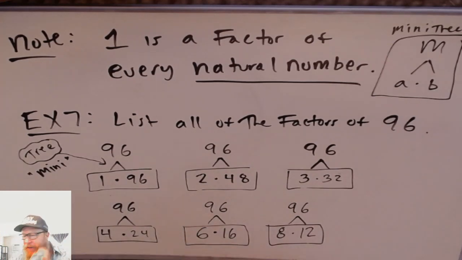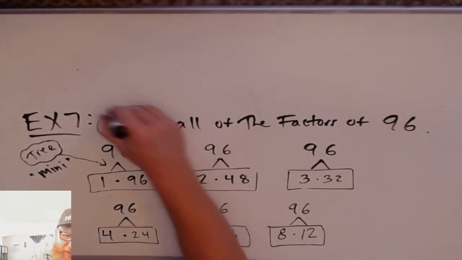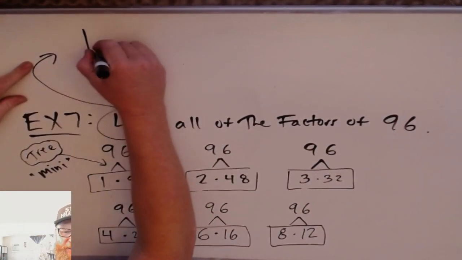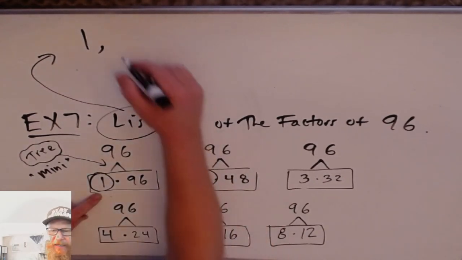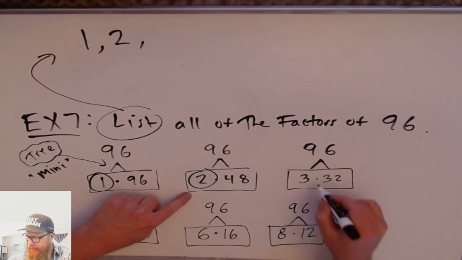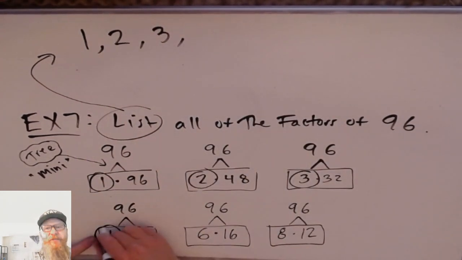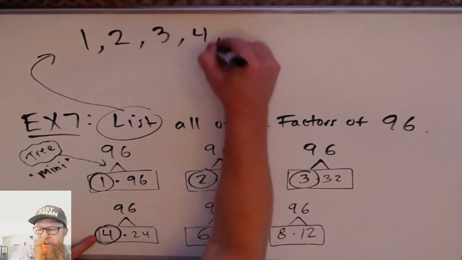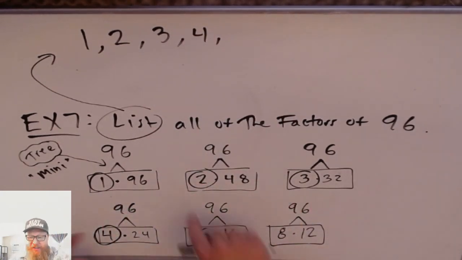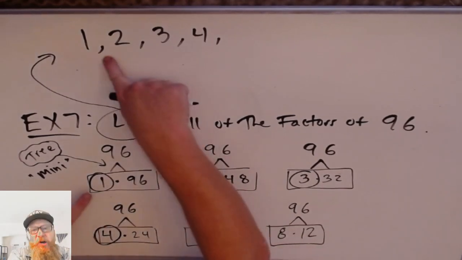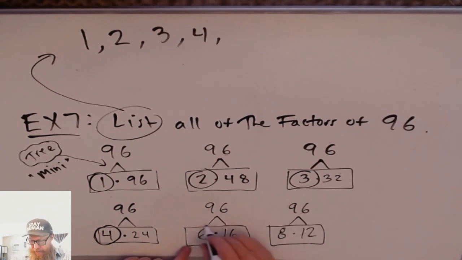So we've got all the factors of 96. I want you to list them all out. Use commas. You can put them in any order you like, but I like to put them in ascending order. Notice I'm going through and grabbing them all in order. If you like, you can just keep them paired up and replace the dot with a comma.